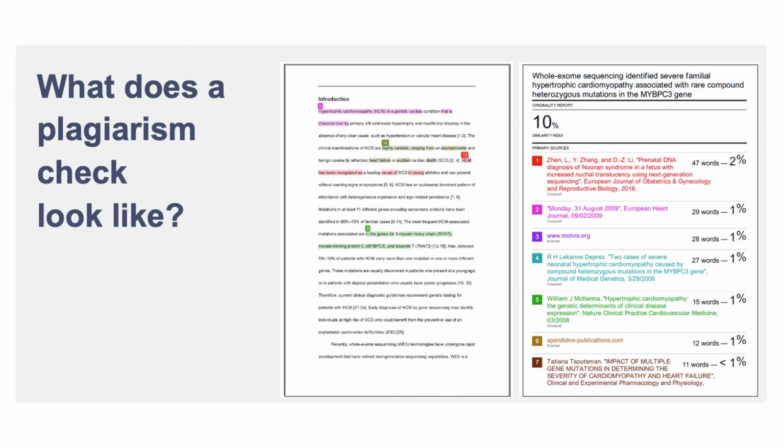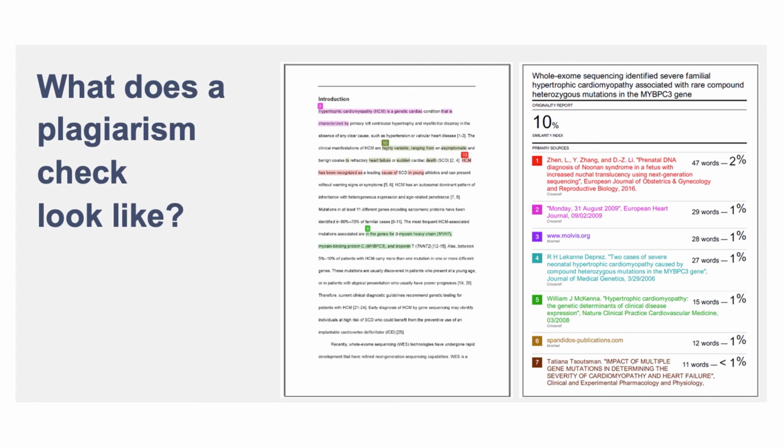Here's what a plagiarism check looks like. Here you can see a document that's been checked with one of the many available pieces of software that search text against reference databases to check if there's any overlap, if there's any text that appears here without citation.